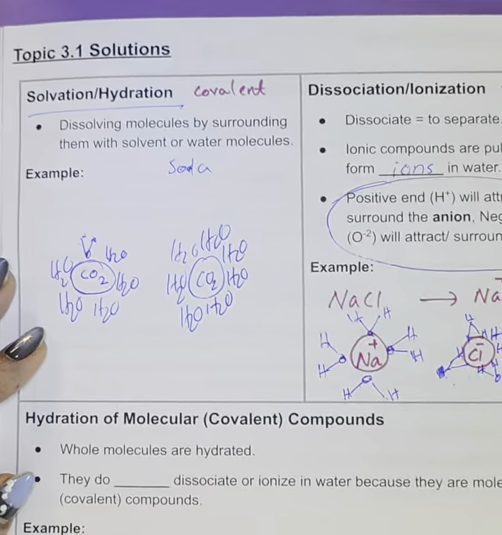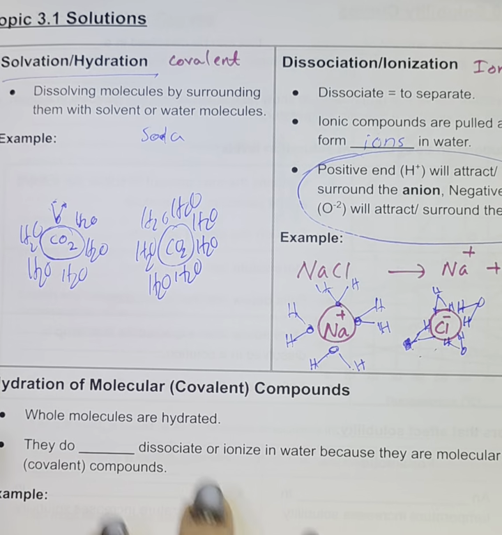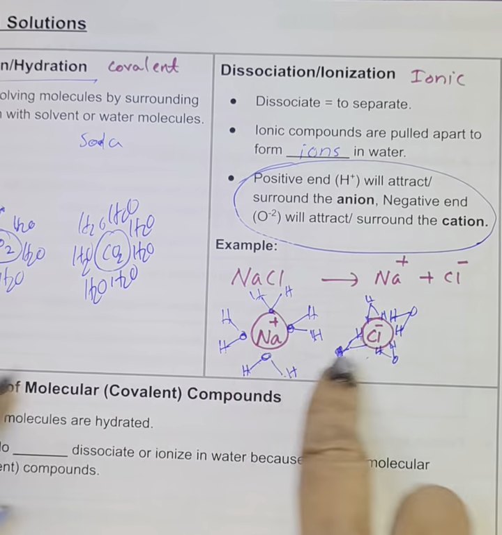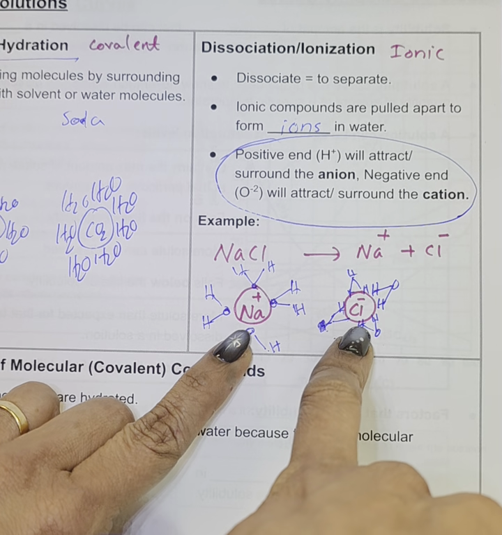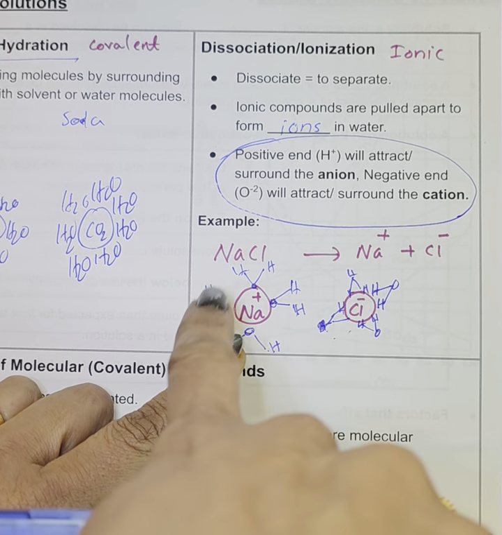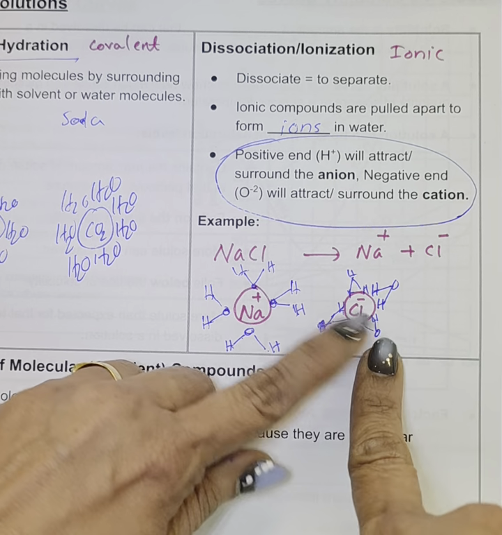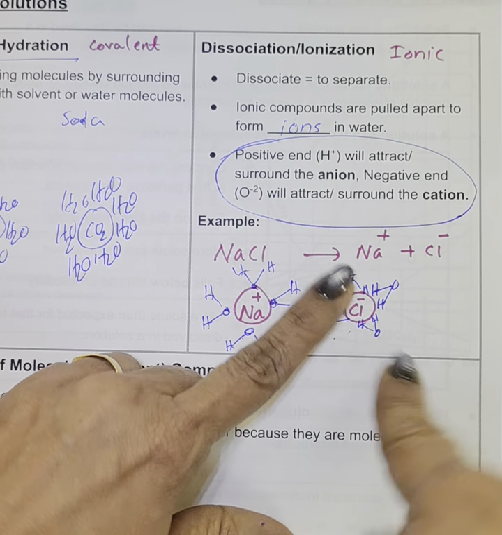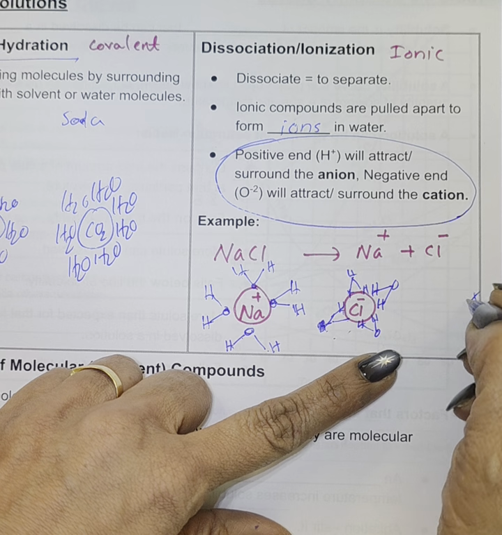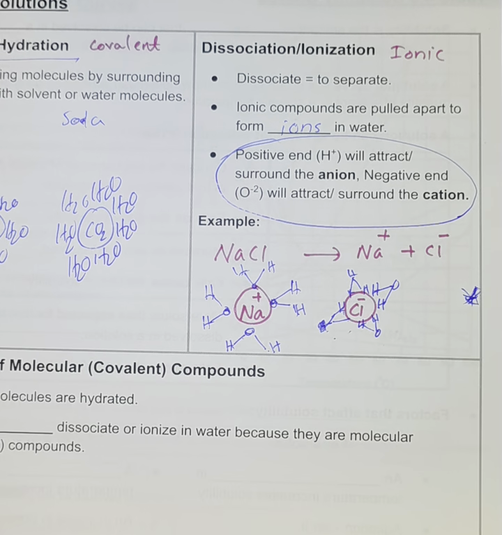So, covalent molecules will not form ions in solution, but ionic compounds will form ions. The negative charge will attract to positive hydrogen, and the positive charge will be attracted to negative oxygen. And this is very important. You will have questions on your test.